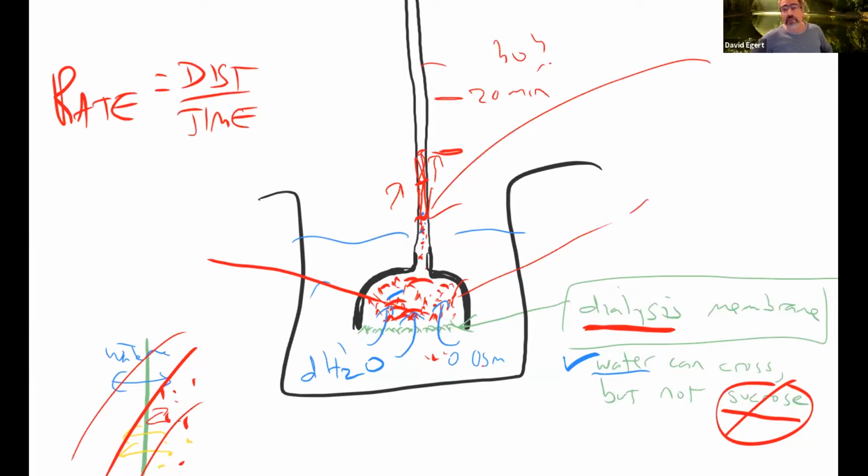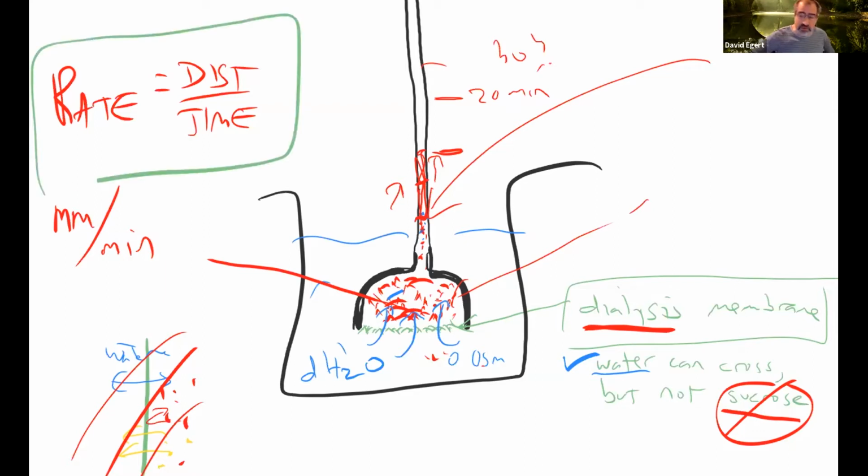So we can say how many millimeters per minute the water is moving up the tube. That's going to give us our dependent variable. We want the rate of osmosis, but what we're actually going to measure is millimeters per minute that the water is moving up the tube. Right? Do y'all see that?